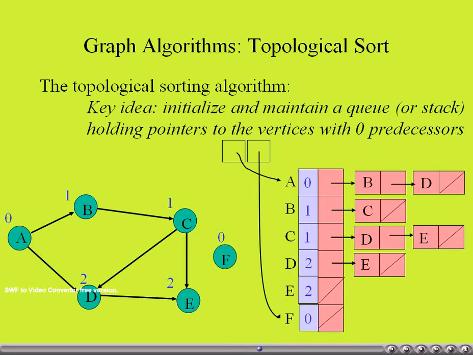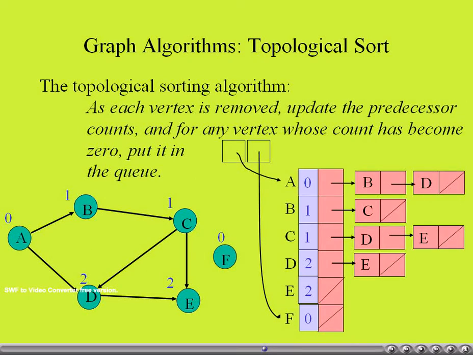Let us assume either a queue or a stack which maintains vertices whose predecessor values are zero. For example, we assume that there are pointers in the queue which point to A and F, whose predecessor values are zero.